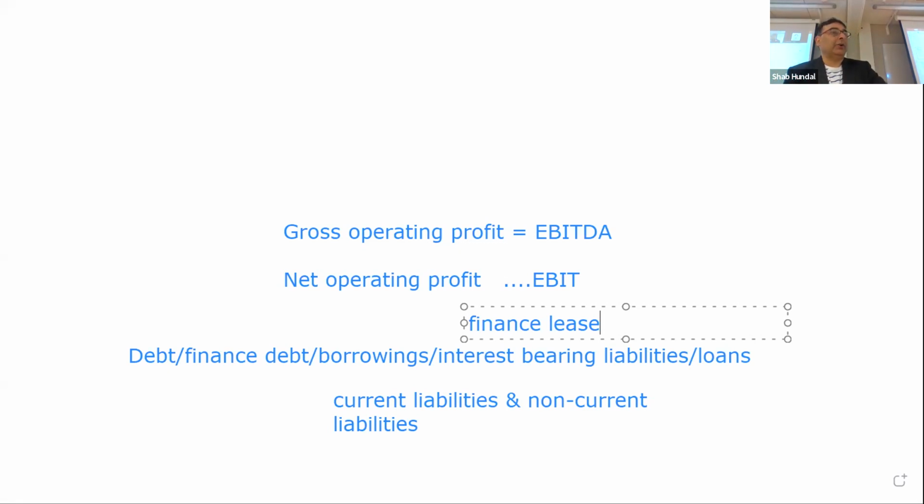So this is why we can also use the phrase finance lease. That's one more word you can add to your vocabulary. But remember that as a logic, as a rationale, we only take the non-current component of finance debt, right?